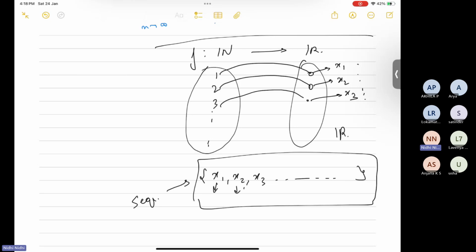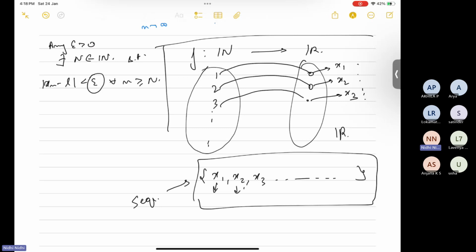See, for example, when we are talking about the definition of the limit of a sequence, in that case we say that for any epsilon positive, you give me any epsilon positive, I should be able to find a natural number capital N such that mod xn minus L is less than epsilon for all n greater than or equal to capital N. Now this epsilon can be any positive real number.